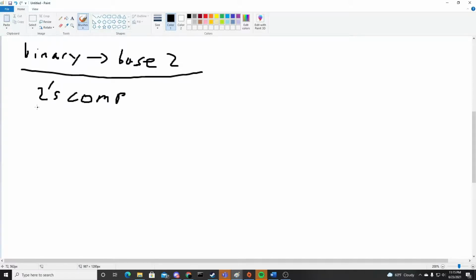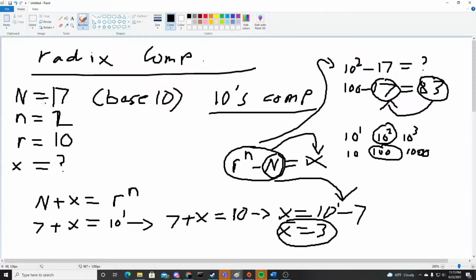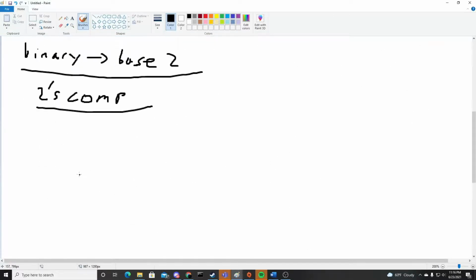And so let's do an example like we did above, where we defined our radix complement, where we had capital N, lowercase n, and r. Let's do another example just like that. Let's say we had a binary number, which would be represented by capital N. We'll make it simple.